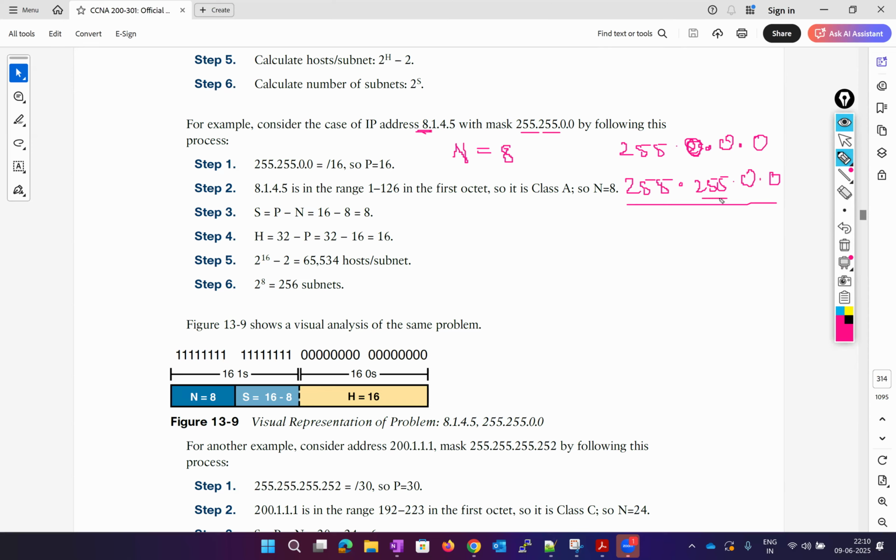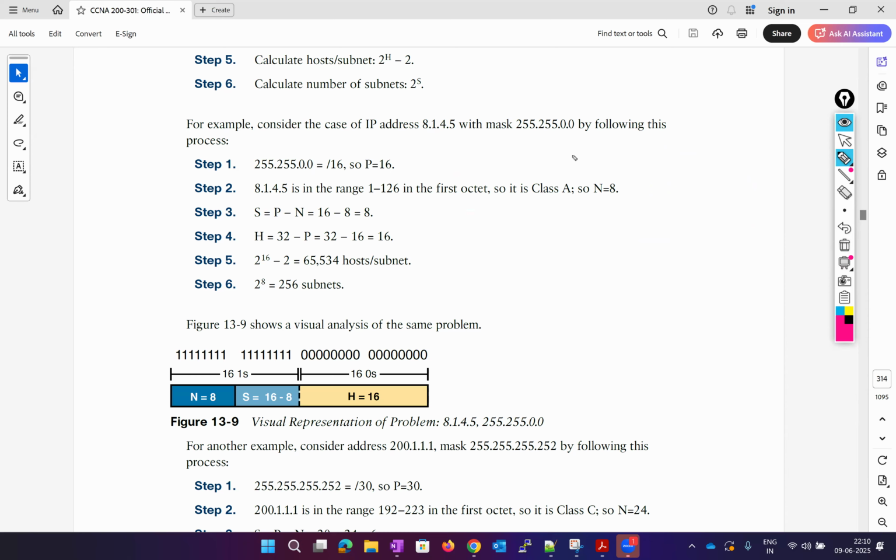So you have 8 ones here, 8 ones here, 0.0. This first 8 is already part of your network bit. This is your subnet bit. So how many subnet bits do we have? We have 8 subnet bits. So in total, you have a prefix of 16 bits.